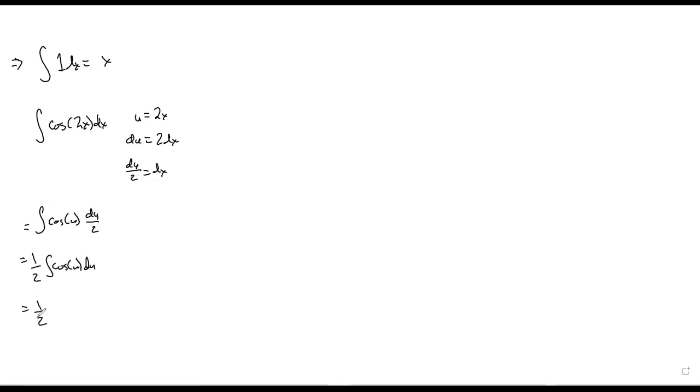And the integral of cosine is sine u plus some constant, which I'll call C2. So this is equal to 1/2 sine 2x plus some constant of integration C2.